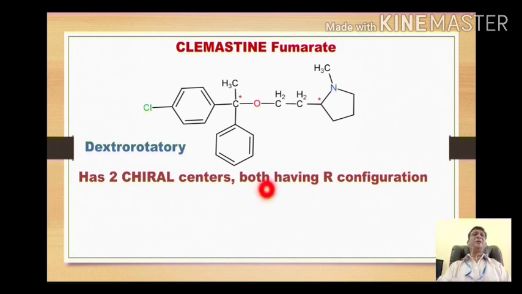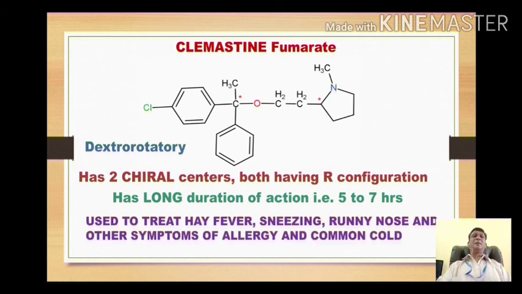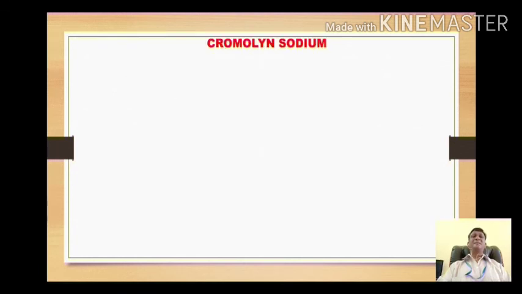So please keep this point in mind that both the chiral carbons of clemastine have R configuration. Though we are using the pure isomer, there is an increased duration of action which is about 5 to 7 hours. This compound is also used for the same allergic and common cold conditions.